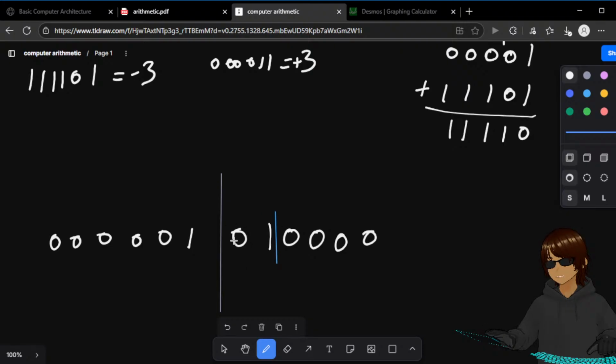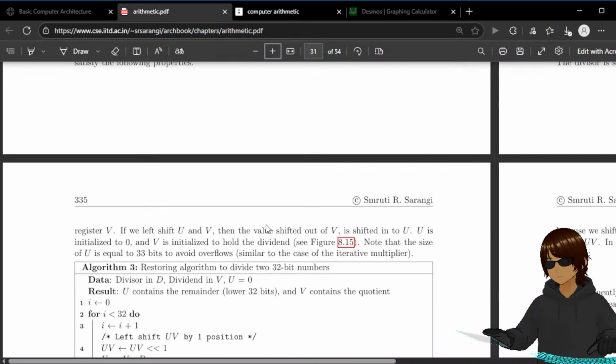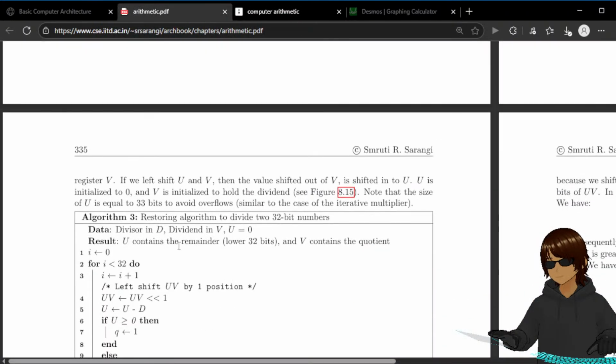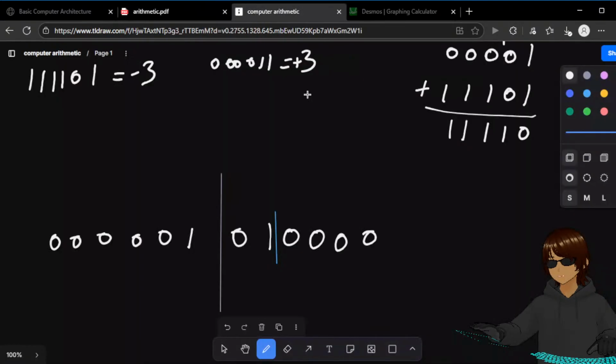Do I set this bit to 1? Most significant bit to 1. V contains the quotient. U contains the remainder.